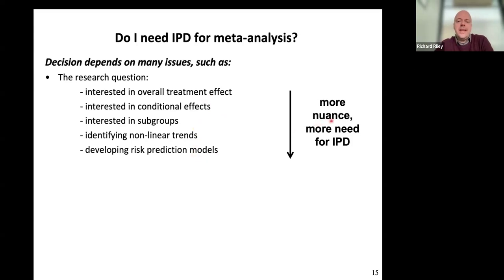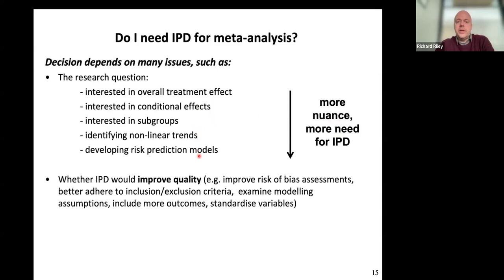So the more individualized you want to go in terms of your estimand, the more need for IPD. For example, overall treatment effects, you would expect them to be reported well in publications, maybe. But we should be able to get that information, whereas we wouldn't be able to get nonlinear relationships, subgroup effects, prediction modeling aspects from publications usually.